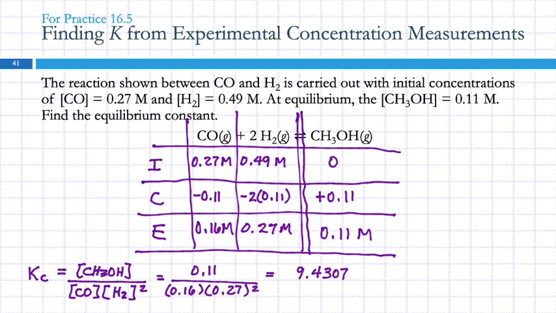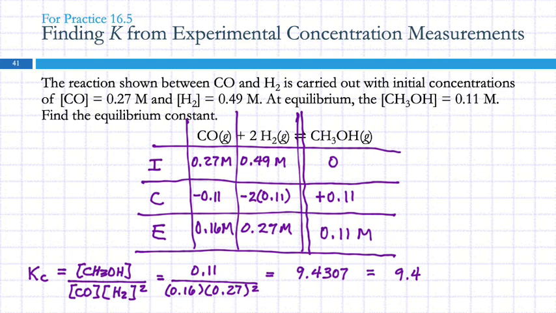How should we express this as our final answer? How many sig figs? 2. 9.4. Things can get a little messy in here because there's subtracting and adding involved, and when you do that, sometimes you gain or lose sig figs.